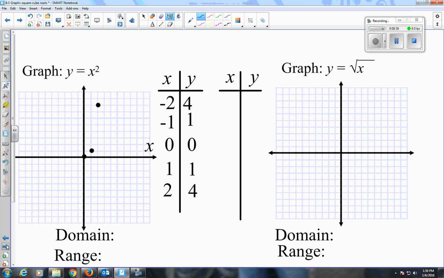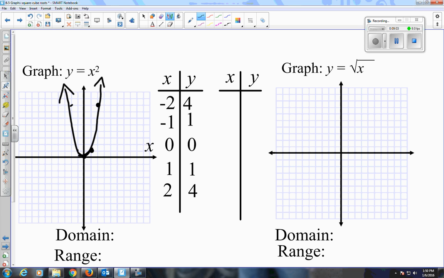So, let's look at square roots. To look at square roots, let's first look at y equals x squared. You guys are very familiar with the graph of y equals x squared. That's that nice parabola, symmetric, does all sorts of pretty things.